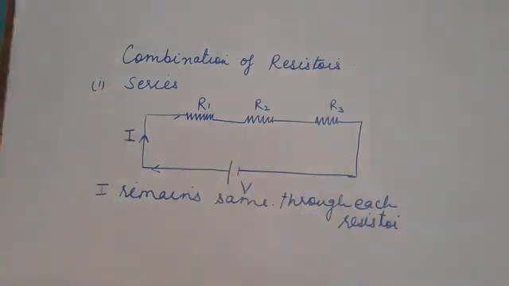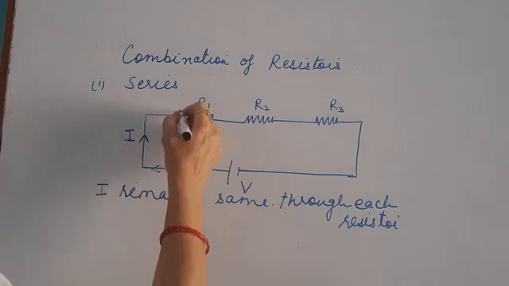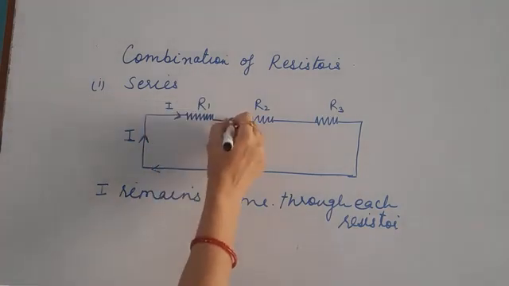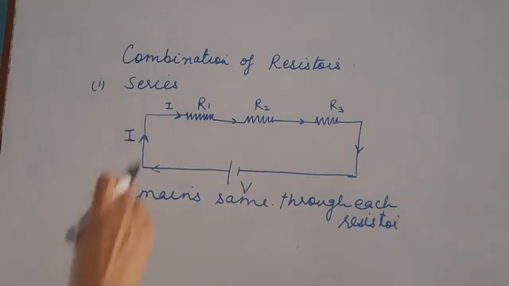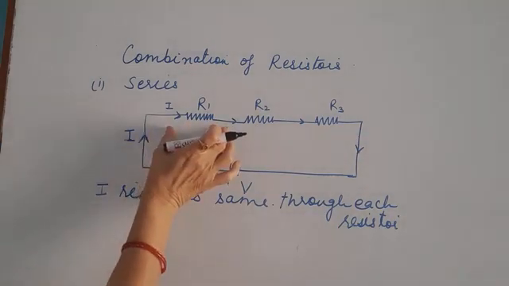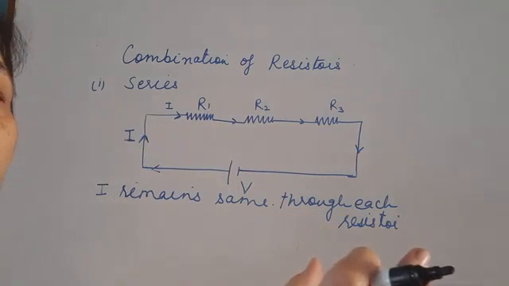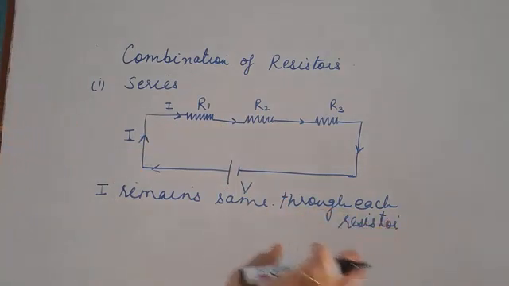So the same current flows through each resistor. Now when current is the same through each resistor, that means the potential difference across the ends of a given resistor must be different, according to Ohm's law.